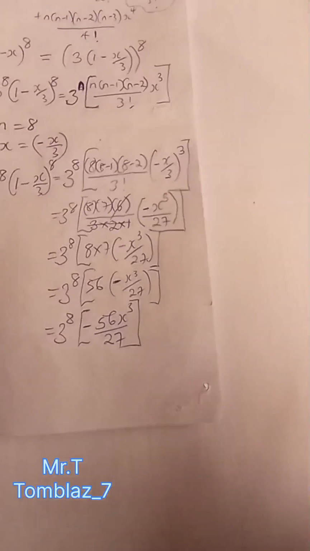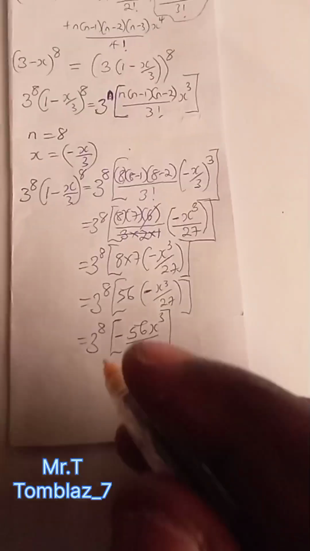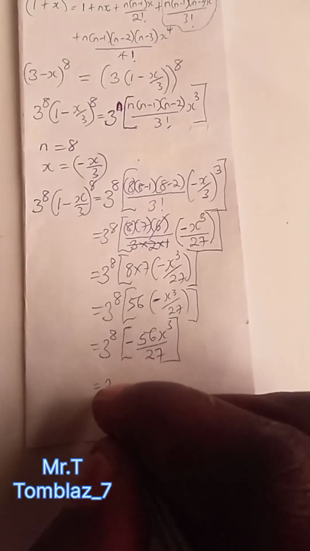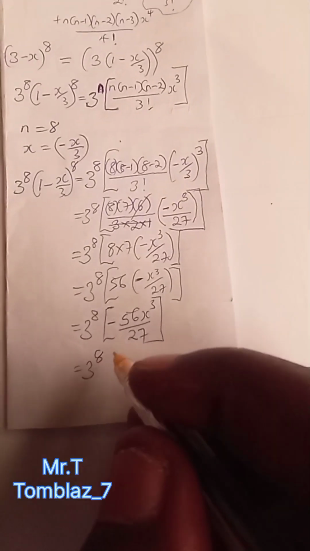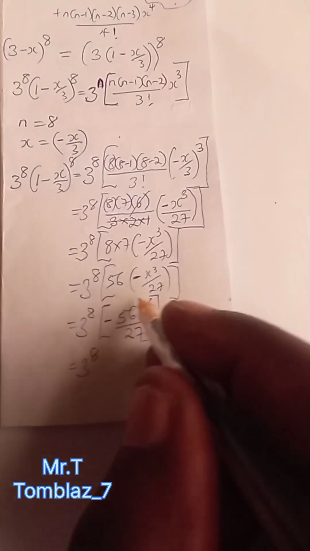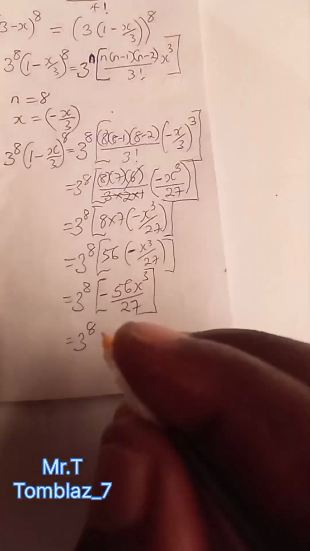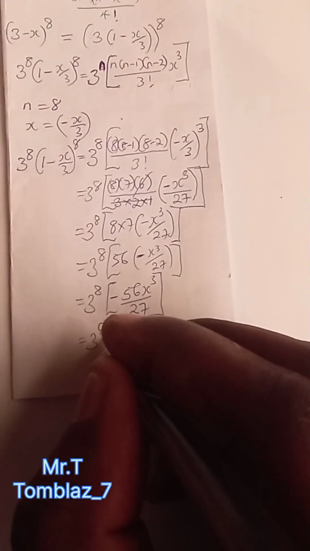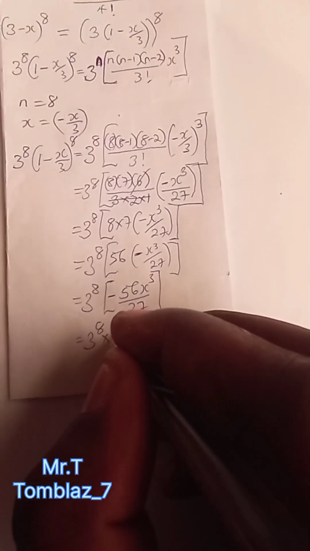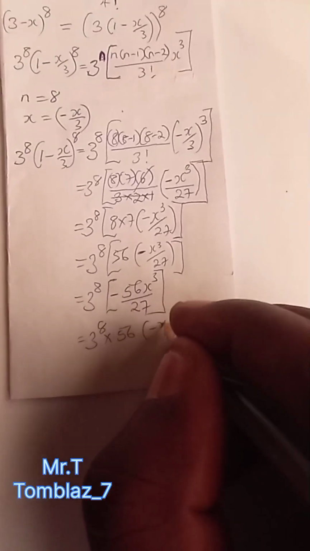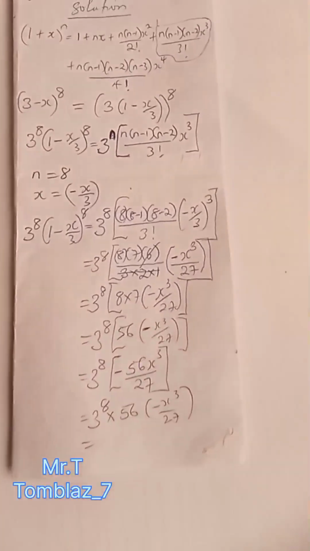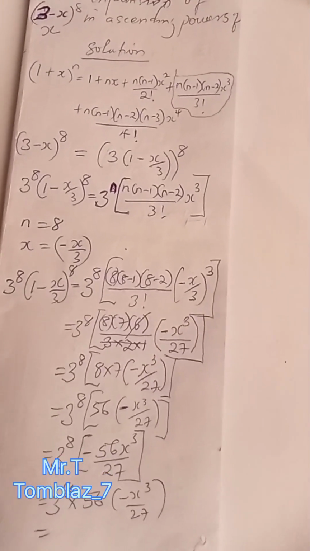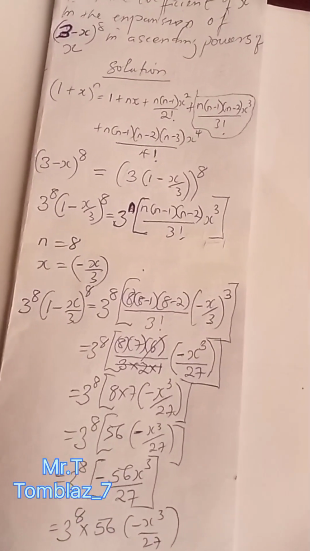Alright, so let's go on. 3 raised to the power 8 times this value, we're going to be having 56, then minus x raised to the power 3 over 27, right?